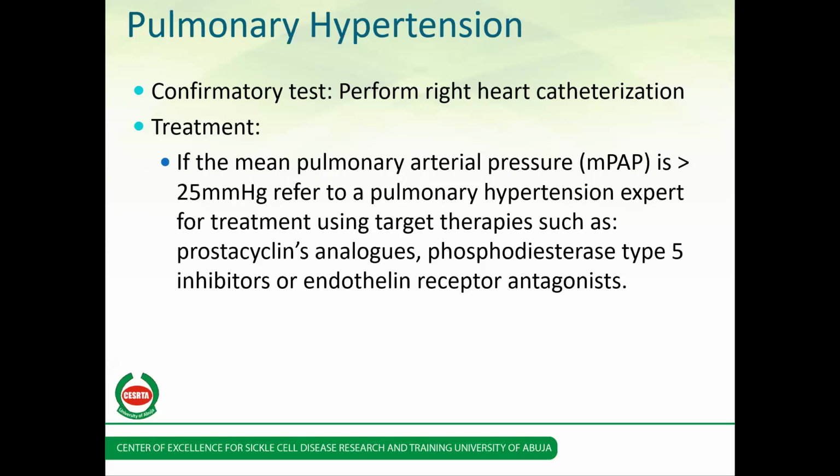Treatment includes, if the mean pulmonary arterial pressure is greater than 25 millimeters of mercury, refer to a pulmonary hypertension expert for treatment using target therapies such as prostacyclin analogs, phosphodiesterase type 5 inhibitors, or endothelin receptor antagonists.